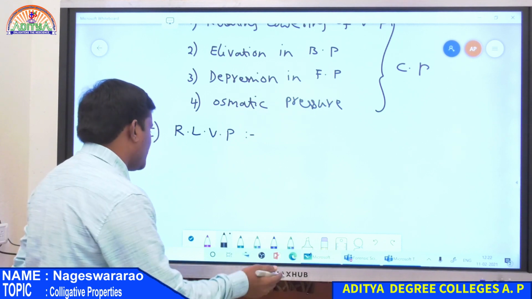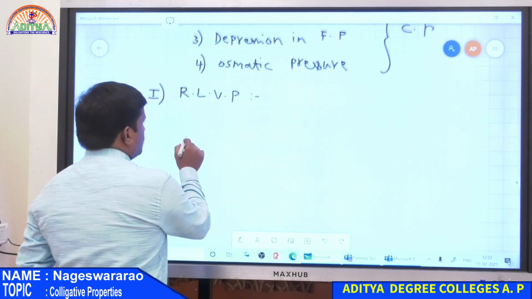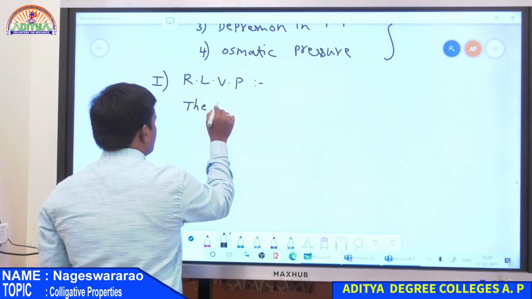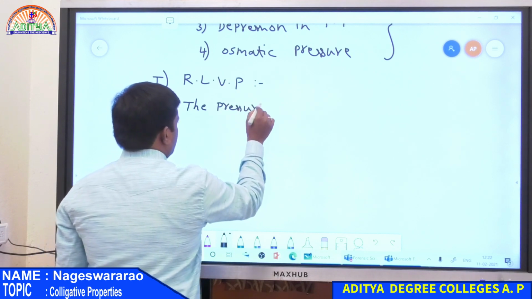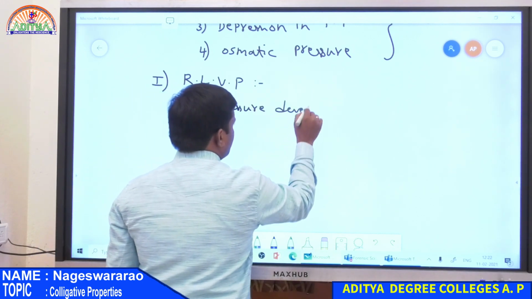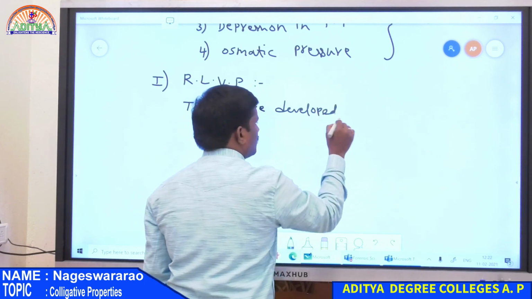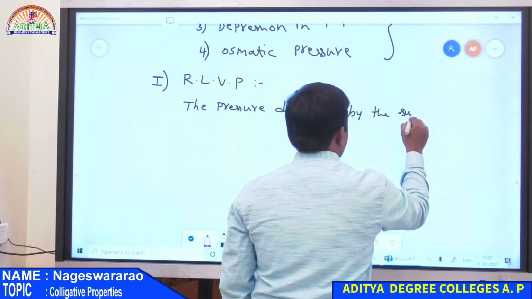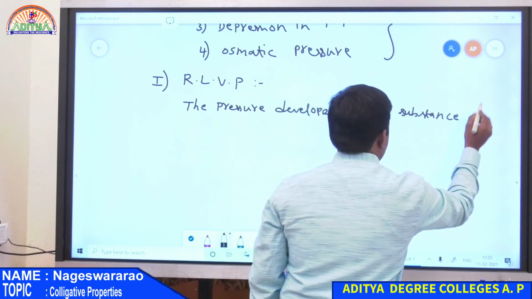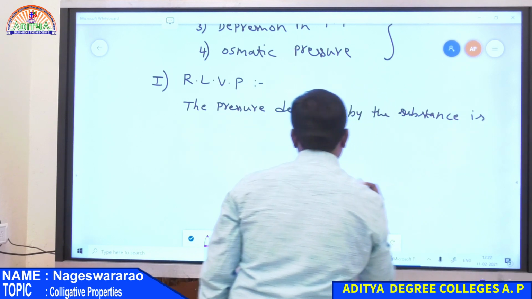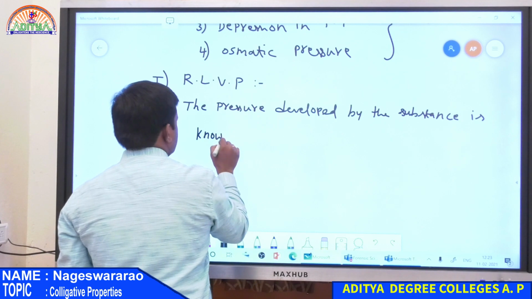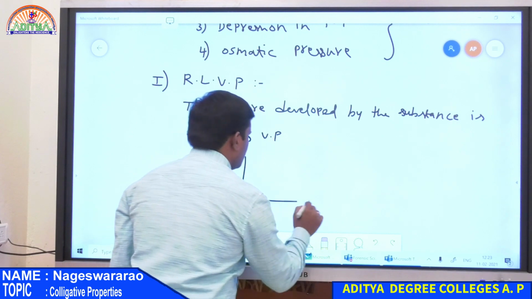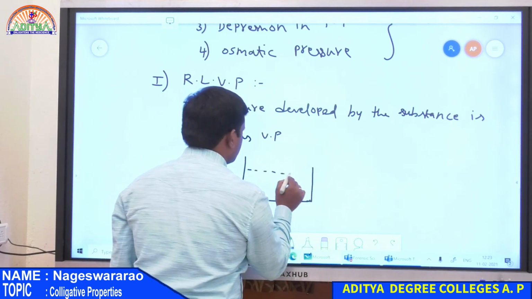So first of all, what is vapor pressure? The pressure developed by the substance is known as vapor pressure. Consider a beaker full of water.